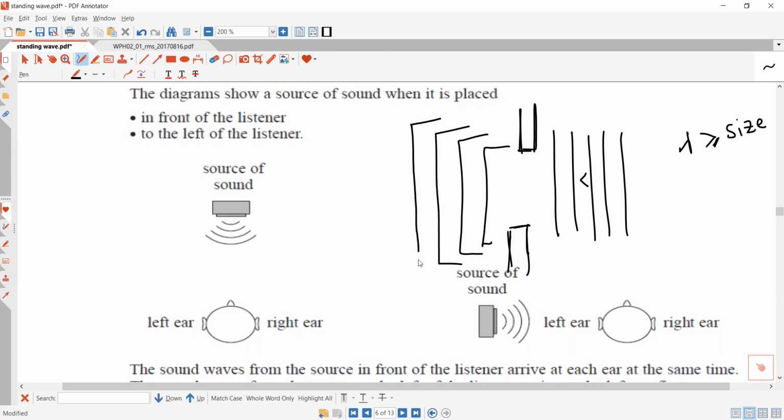Online people, understood? When the gap is equal to or less than the wavelength, significant diffraction takes place. Online everyone understood the concept of diffraction?